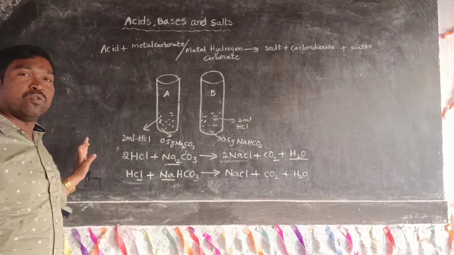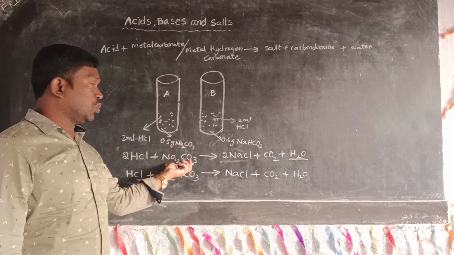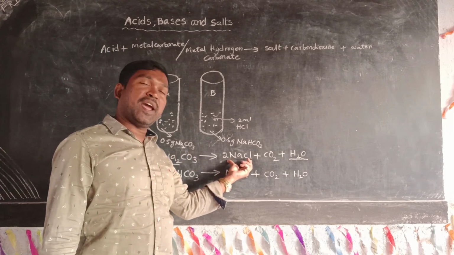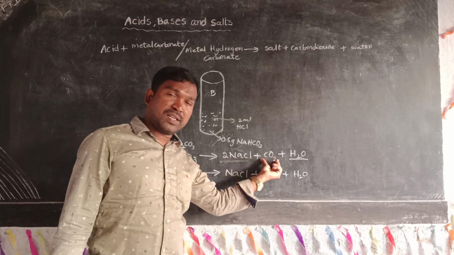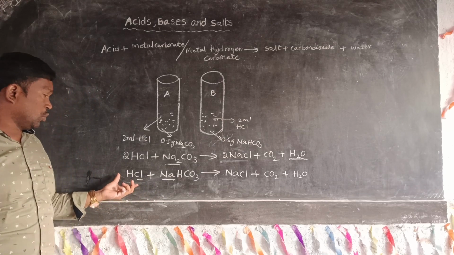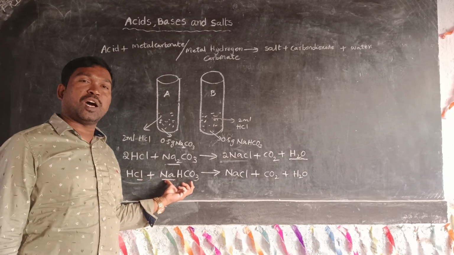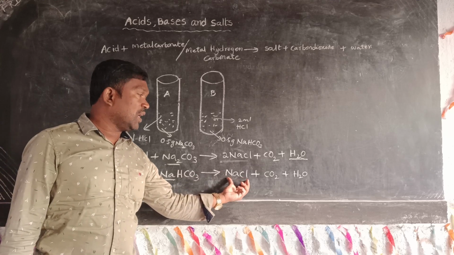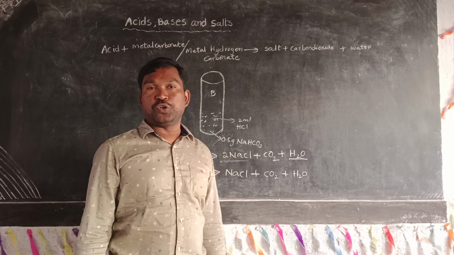We will notice that hydrochloric acid reacts with sodium carbonate, and salt NaCl, sodium chloride, carbon dioxide and water are produced. In the second test tube, hydrochloric acid reacts with sodium hydrogen carbonate, and salt, carbon dioxide and water are produced.